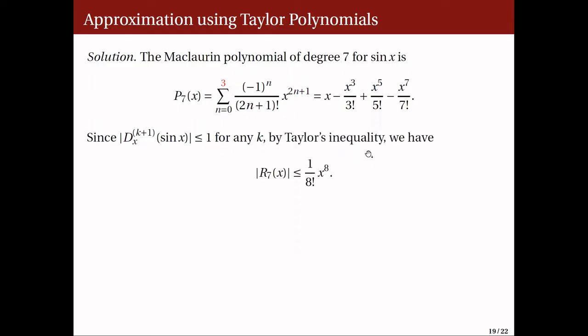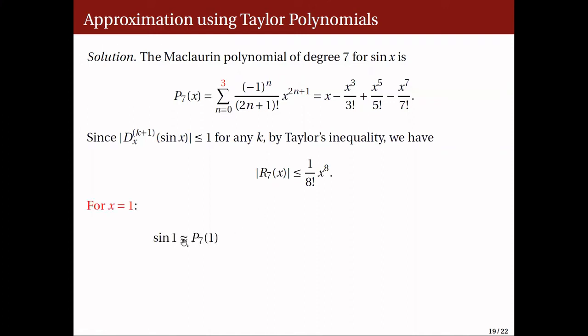By Taylor's inequality, we have the magnitude of the remainder function r sub 7 of x is less than or equal to x to the 8 over 8 factorial. So we now have the expressions for p sub 7 of x and the magnitude of r sub 7 of x. Let's now go to estimating the value of sine 1.